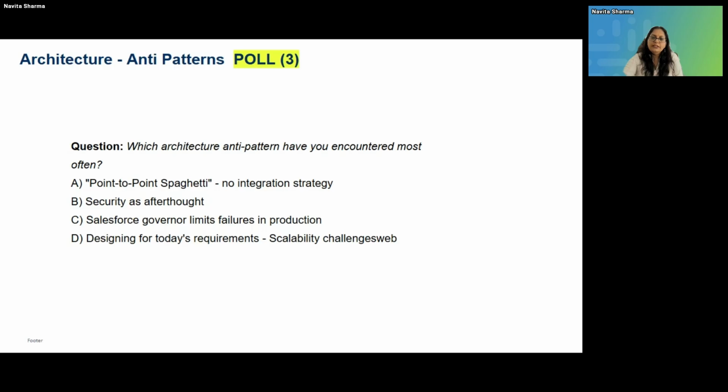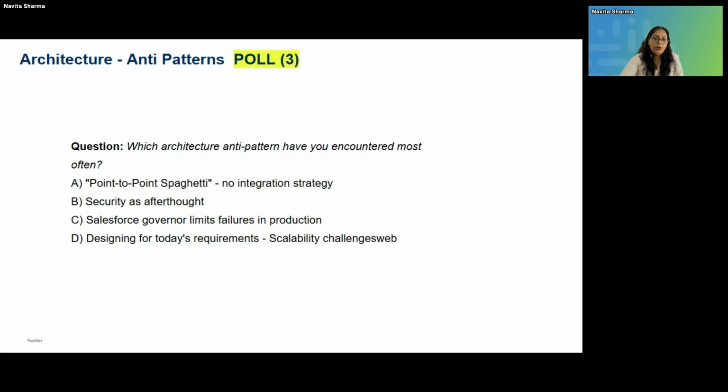One of the two responses I see, mostly C, and one of the common is Salesforce governor limit failure in production. I have seen a lot of that actually. It is a real challenge. Salesforce governor limit failures in production happen a lot because no one thinks about them before. Good, but I have seen all of it actually.